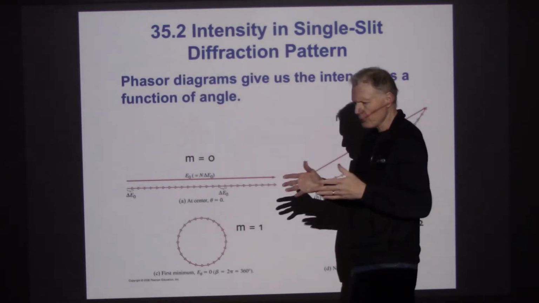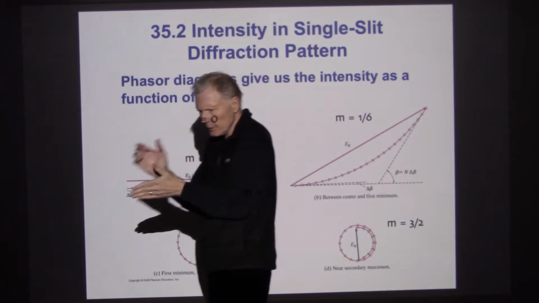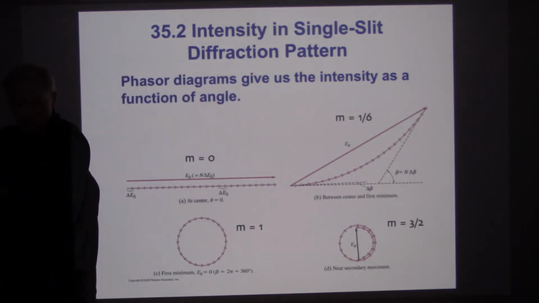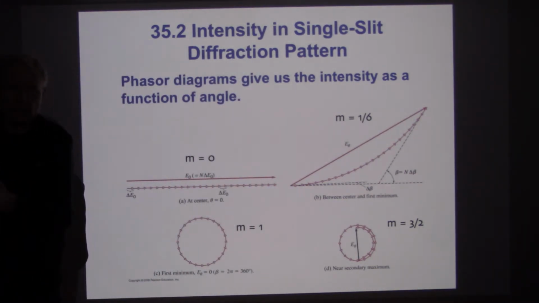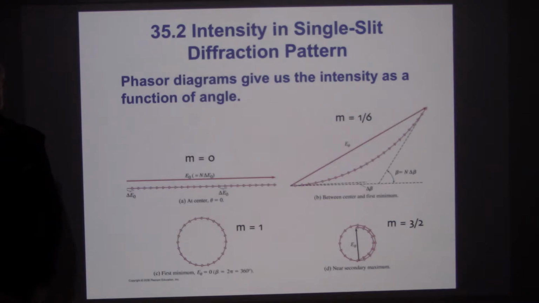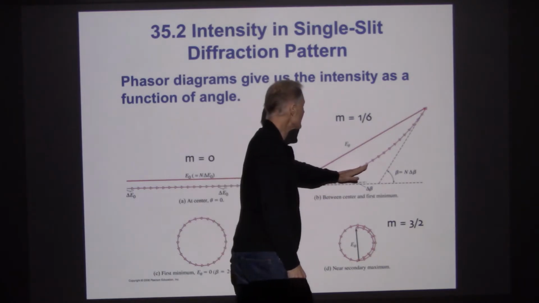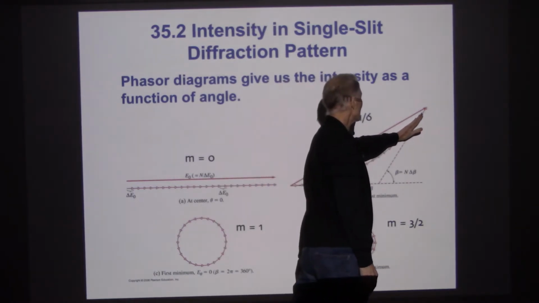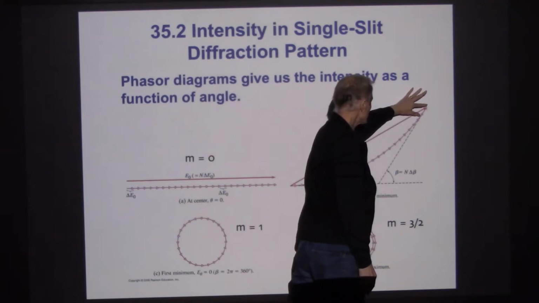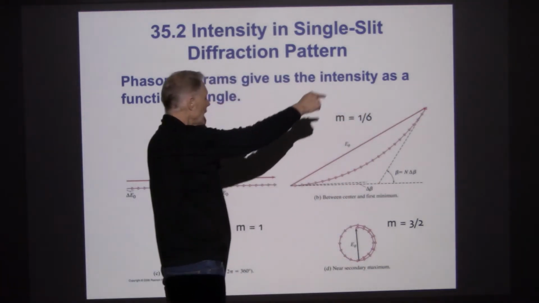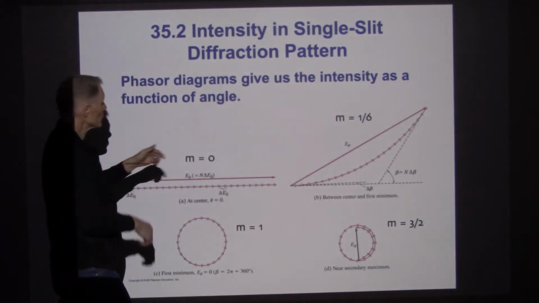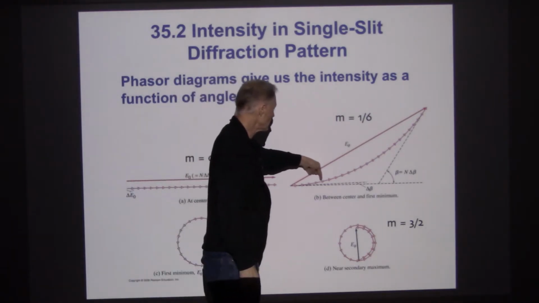Now, if I take a whole series of little short amplitudes or short electric field quantities and angle them by a small angle, that path's going to be a circular arc. So when I add all of these continuously varying phases of all these infinitesimal segments, that's going to produce a circular path. So that's part of a circle.